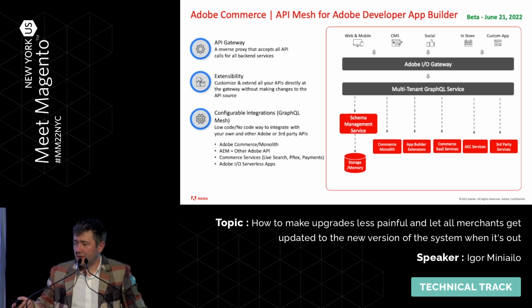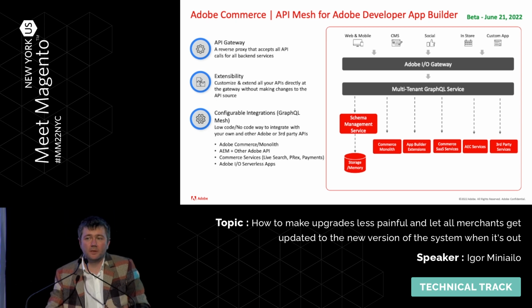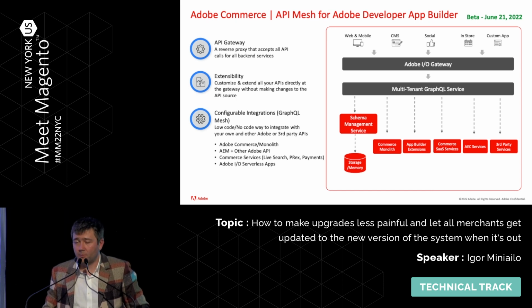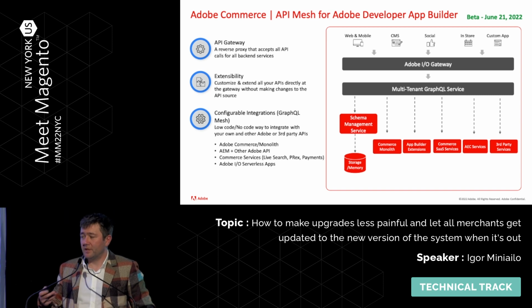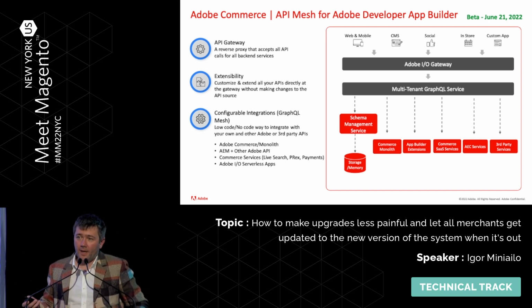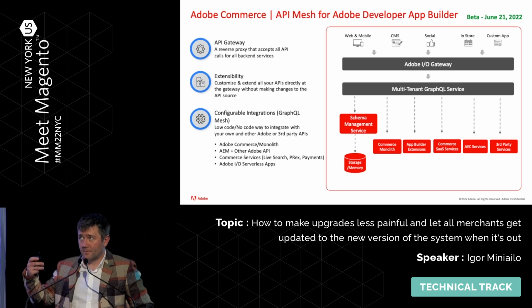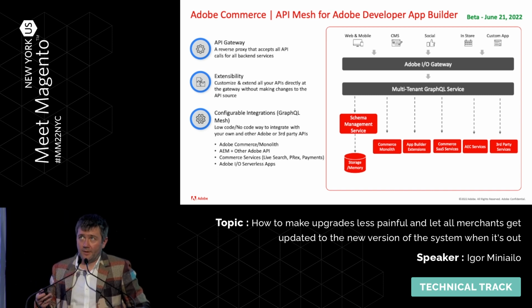And as you may see, this integration layer works not only with Adobe Commerce or Adobe-based sources, but it also works with third-party APIs, which is very important, so that you may always bring your own API. From that standpoint, consider that Adobe will provide you an infrastructure for making those integrations.